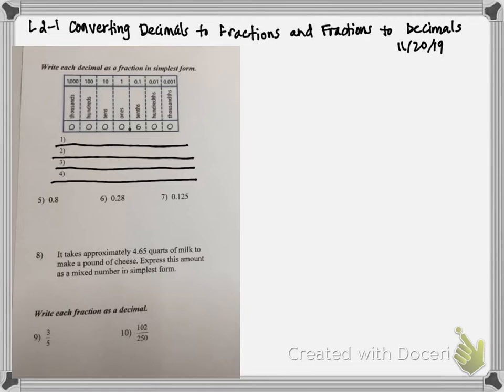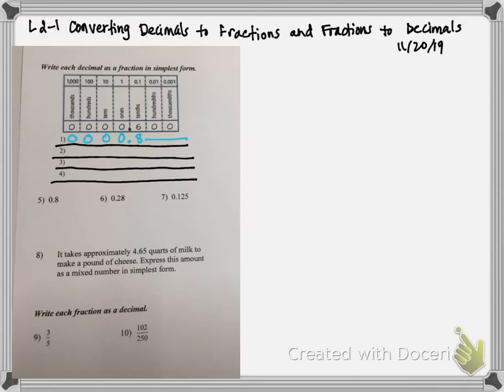Okay, so let's look at that number 5, and we've got 8 tenths. So I'm going to go ahead and place that guy. So let's put a 0 in the ones spot, my decimal, and then an 8 in the tenths spot. Okay, so there's no tens, no hundreds, no thousands, and nothing that comes after him. Now, do I really need to write all those extra zeros in the front? No, but that's okay. Let's talk about the next one.